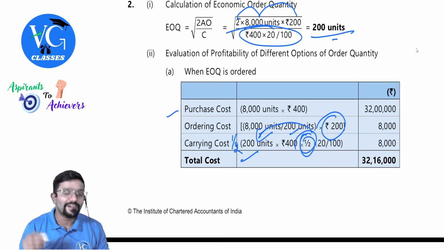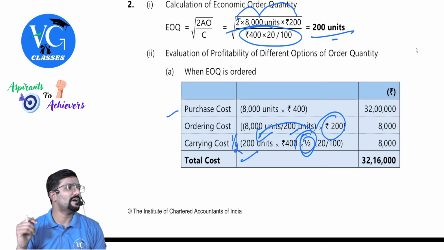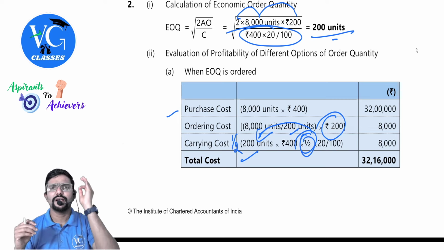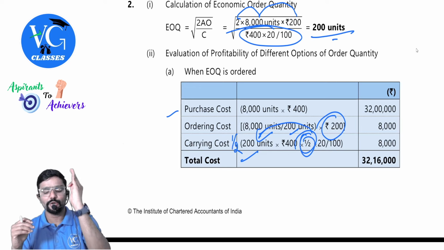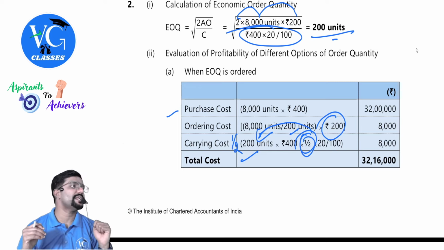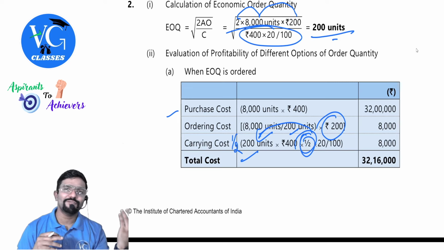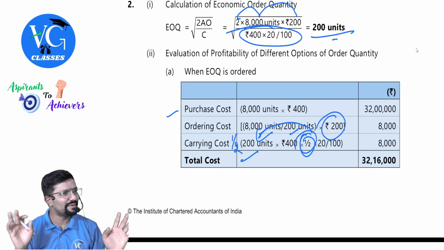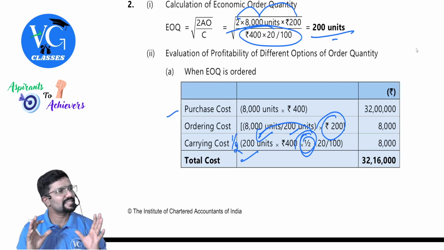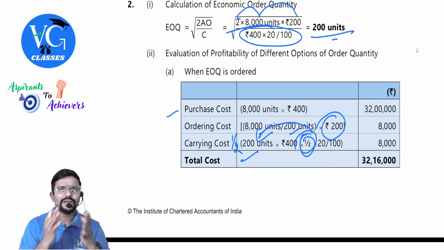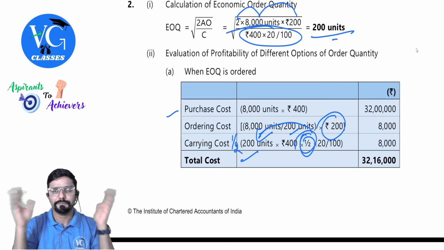Actually, it is half of lot size. So it should be half into 200 into 400 into 20%. Clear? We are getting 8,000. Whether you take half at the beginning or at the end, you will get the same answer, but when it is written like this, it will be confusing. You guys always follow the perfect trend.